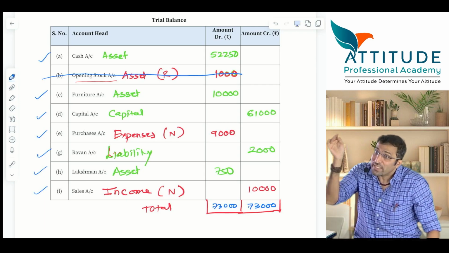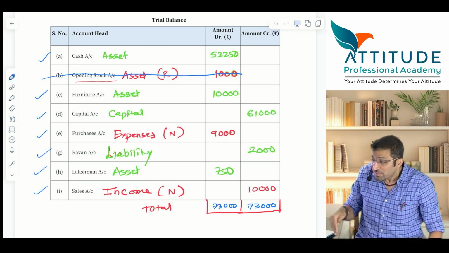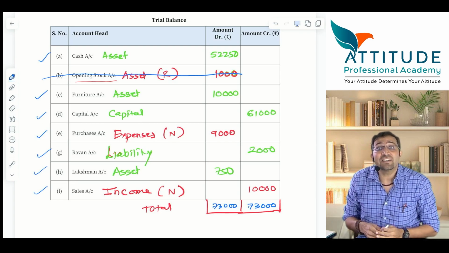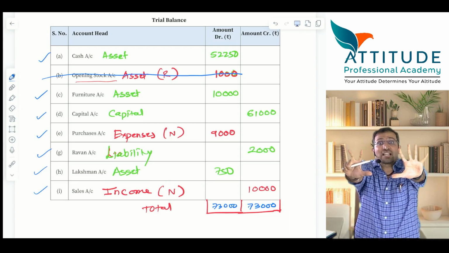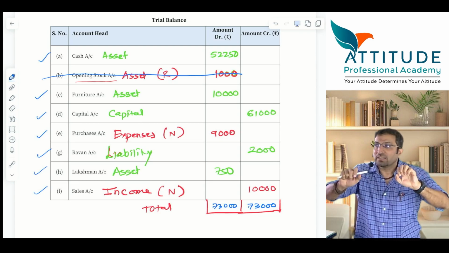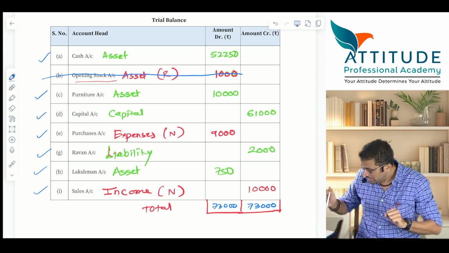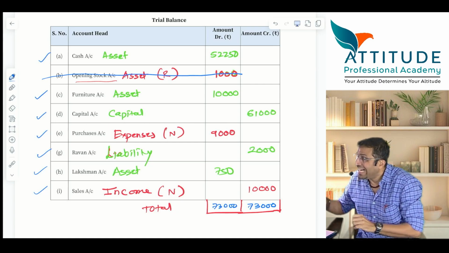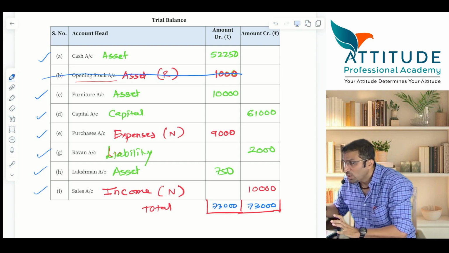Trading account is also an account which is not coming in the trial balance. So 1, 2, 3, 4, 5, 6, 7 and trading account. Understood? Okay. Next.